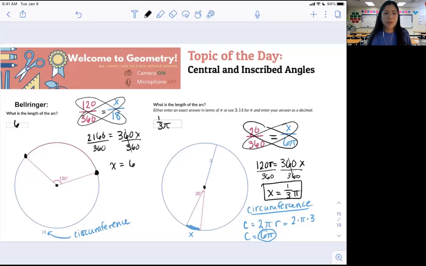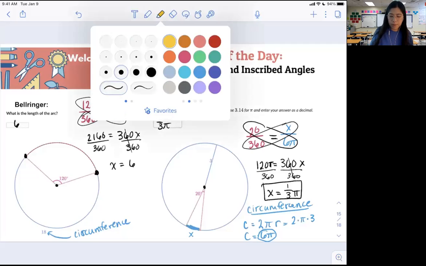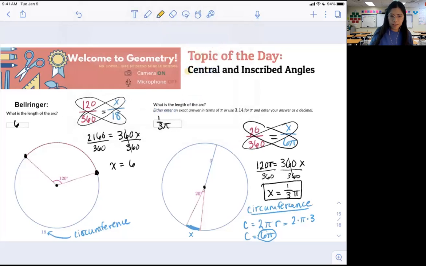All right. Questions on number 1 or number 2? Going once. Going twice. Okay. So today we're going to move on to a new topic. We're going to be working on central angles and inscribed angles.